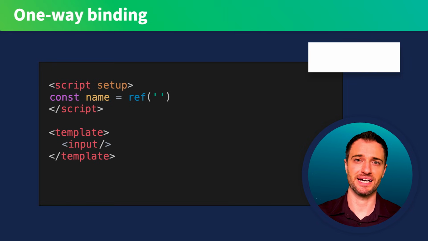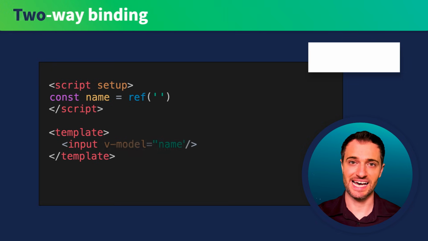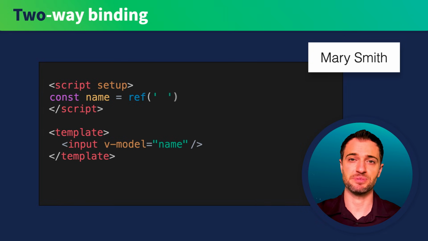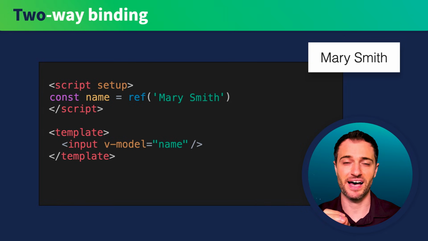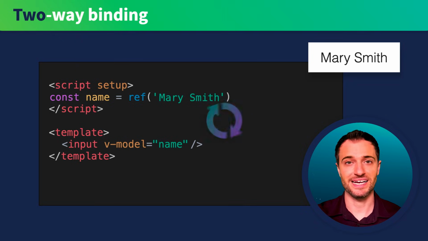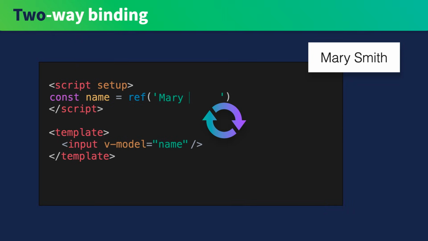We also need to be binding from the template to the ref, so that when a user inputs their name into an input, for example, we record and store that value in our data. v-model helps us achieve this, creating two-way data binding. That way, if our ref value changes, the value in our template also changes because of this two-way binding.